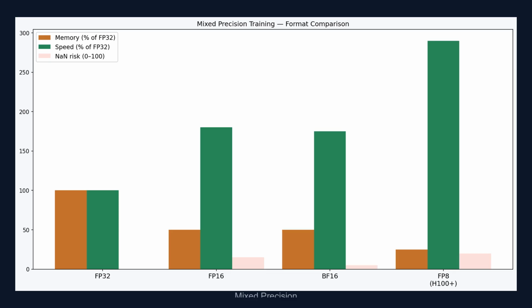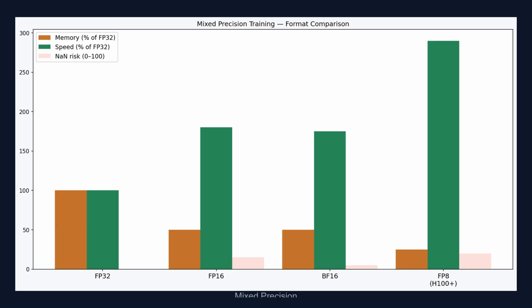FP16's limited dynamic range makes overflow more likely without loss scaling, while BF16's wider exponent range makes it inherently more stable. FP8 pushes the memory and speed advantages further, but NaN risk becomes a genuine concern that requires careful monitoring.